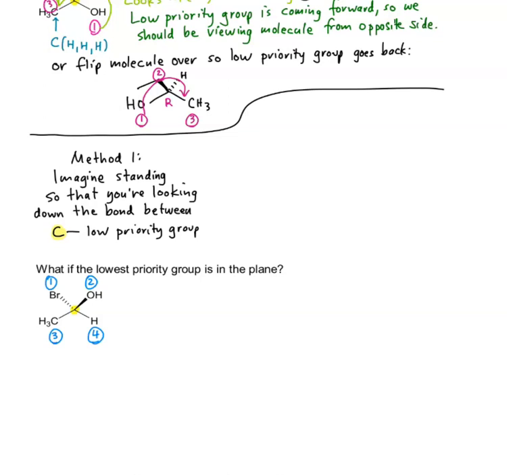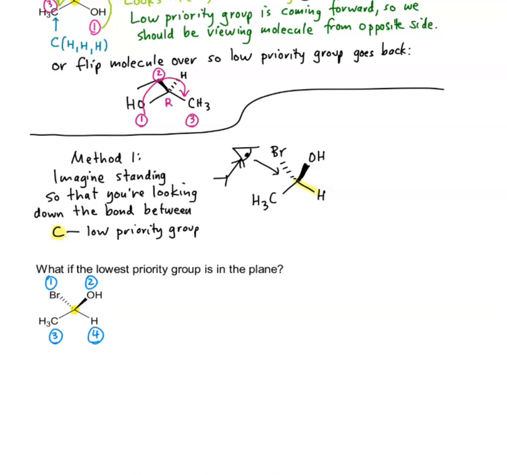Okay, so redrawing this guy. What you would want to imagine is that you're standing over here and looking down the bond between the asymmetric carbon and the low priority group, which is the hydrogen. That means that you're in the plane of the paper.